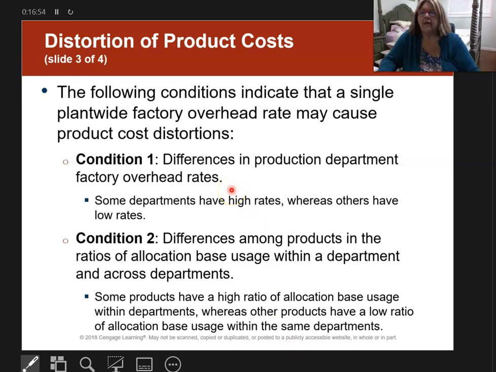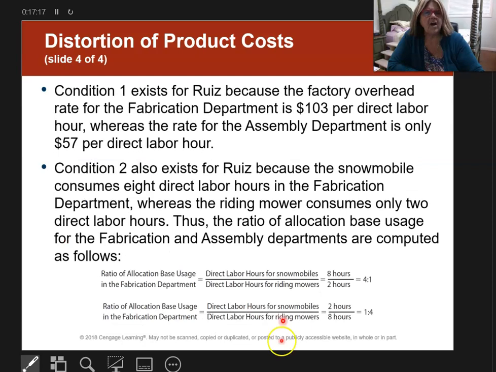Here is why a single plant-wide rate may cause a product cost distortion: differences in production department factory overhead rates, obviously we had one, and differences among products in the ratios of allocation bases within a department. So there's just too many numbers in there that could actually happen. The last slide I'm going to show you is kind of this.